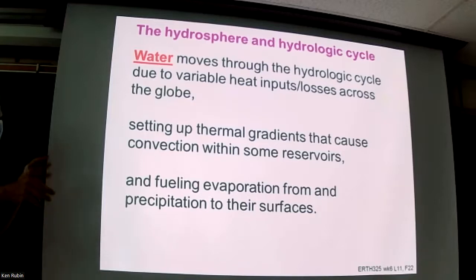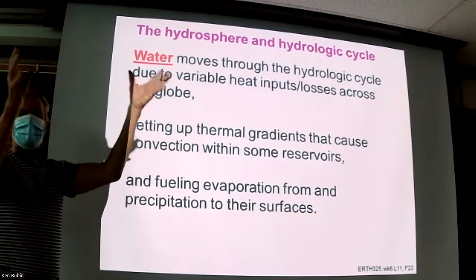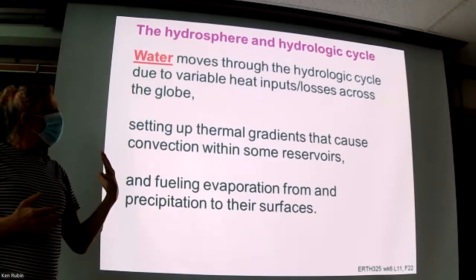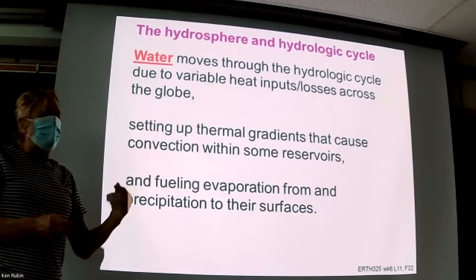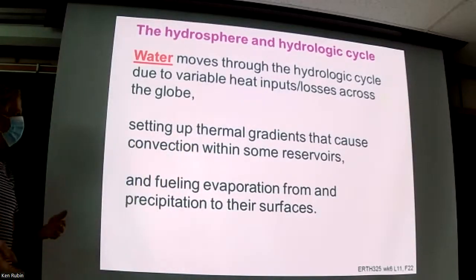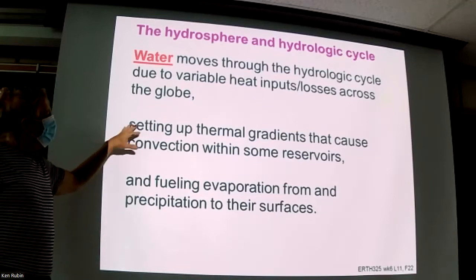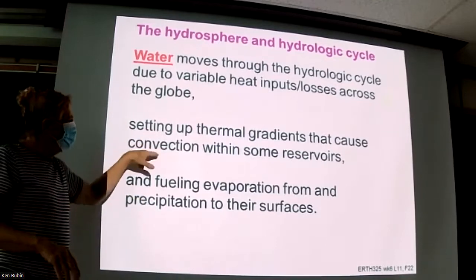And in addition to transferring between reservoirs, like water evaporating out of a lake into the atmosphere, if a body of water is big enough, it can get variations in its physical properties, like is it hot, is it cold, is it salty, is it fresh, etc., that are largely driven by heat, which can set up thermal gradients within the body of water, which cause some of them to convect.